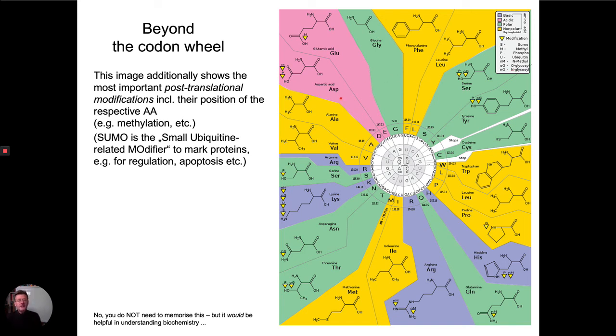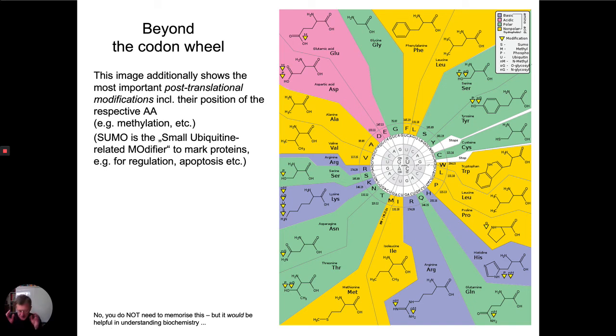And if you look at the various amino acids, lysines, for instance, lysine with the epsilon amino group, here you see it's modified in at least 4 different ways. If you see this SUMO here, this stands for small ubiquitin-related modifier.